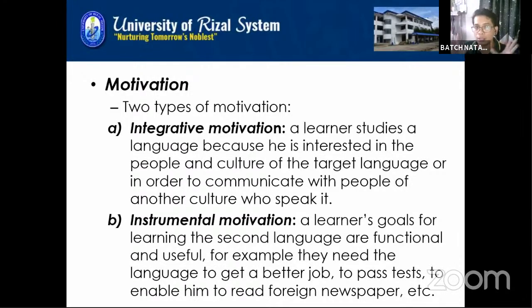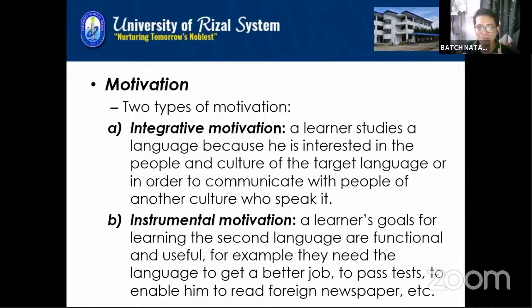I don't know why Canada belongs to the outer circle, maybe because they were colonized by the British Empire. I'm not so sure of that. I'm not very particular of the history, but Canada also belongs to the outer circle along with the Philippines, India, Indonesia, Malaysia. So it means that English is our second language.